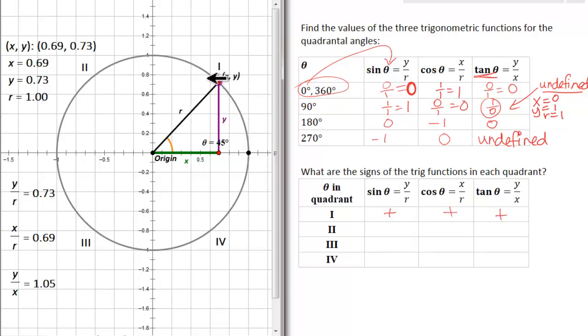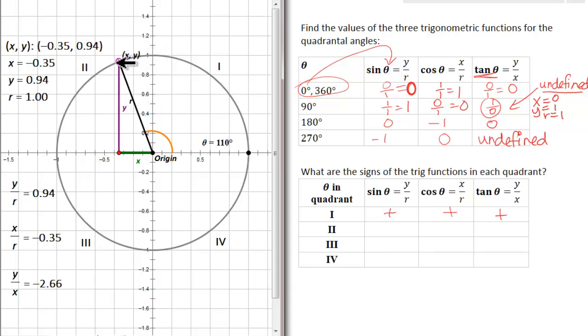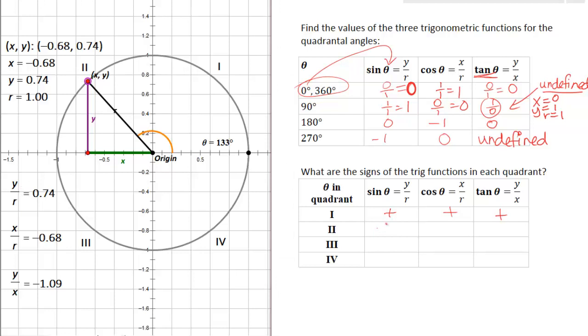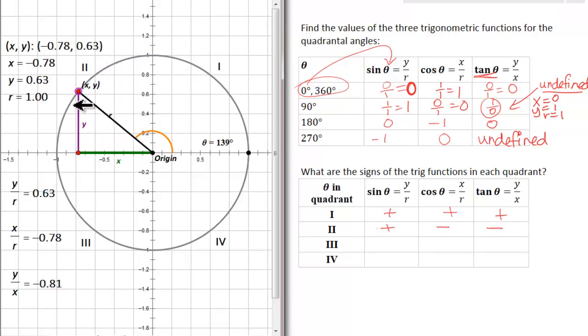And what about in quadrant 2? Well, in quadrant 2, all the x values are negative, but the y and r values are all positive. So what's happening? Well, the sine is always positive, the cosine is always negative, and the tangent is always negative. So in quadrant 2, only sine is positive.